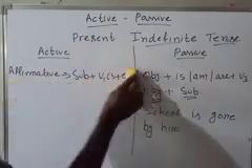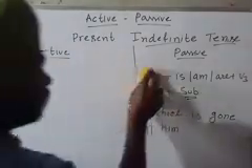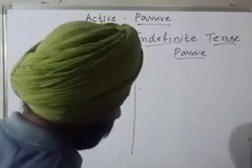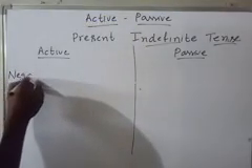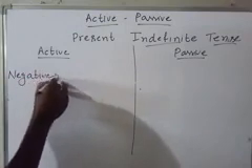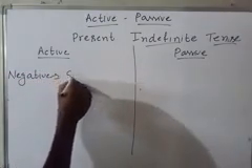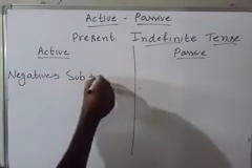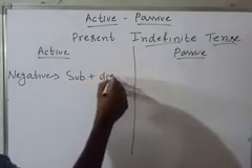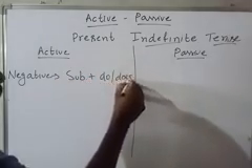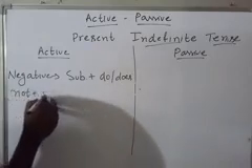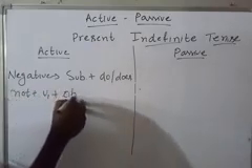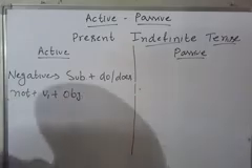Now we will discuss the negative. In the negative, we use subject, we use do or does, then we use not, then we use verb first and object.